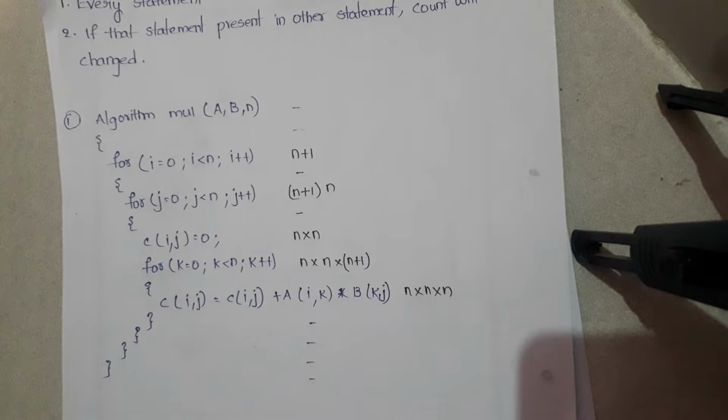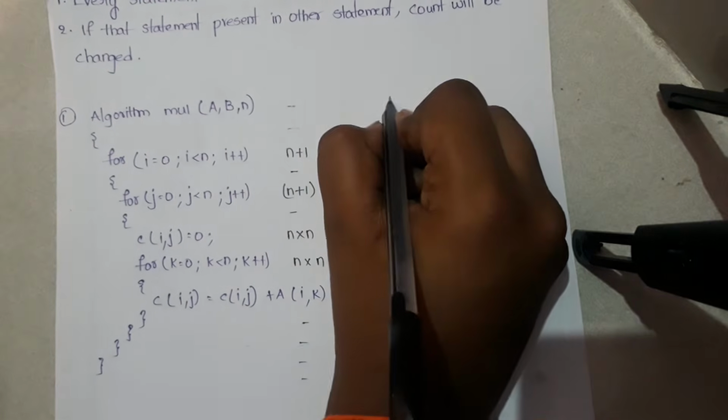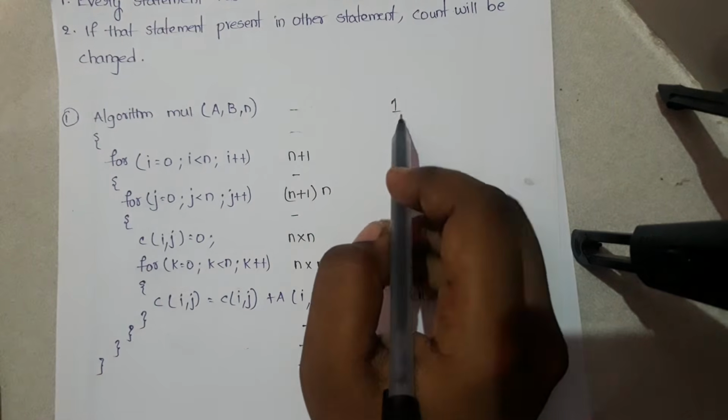The given example is the multiplication of matrices. It is an algorithm. For any kind of statement, basically the value of the statement is 1. This one is for a general statement.